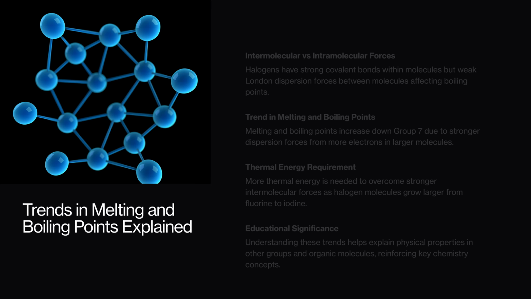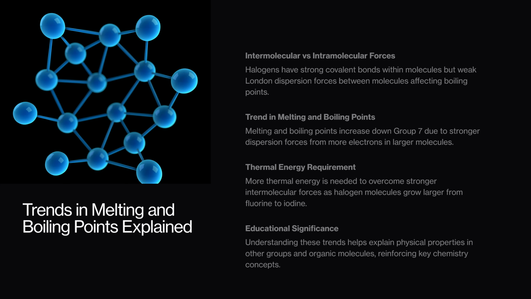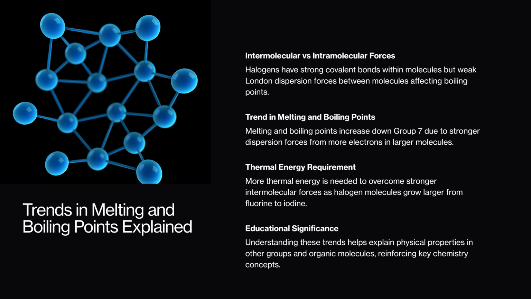Halogens exist as simple molecular substances, meaning that within each molecule the atoms are held together by strong covalent bonds, but between molecules the attractions are much weaker London dispersion forces. As you move from fluorine to iodine, the number of electrons in each molecule increases, leading to greater temporary dipoles and stronger dispersion forces.